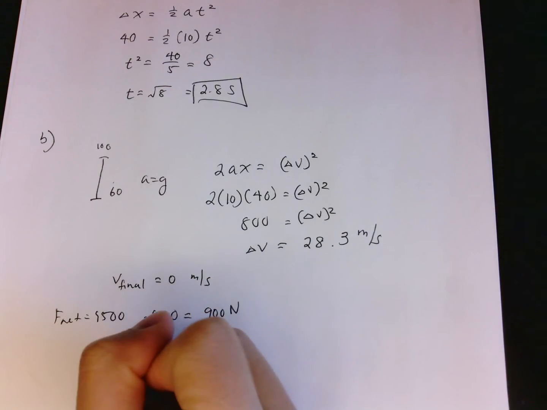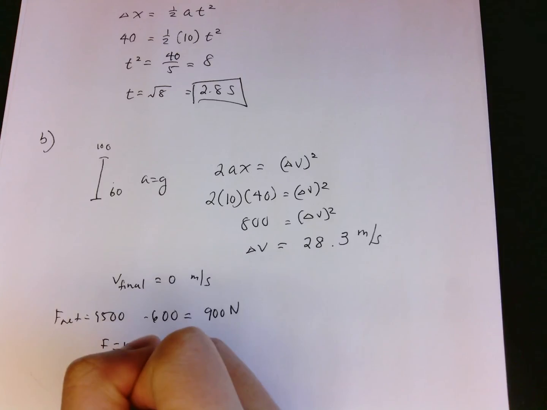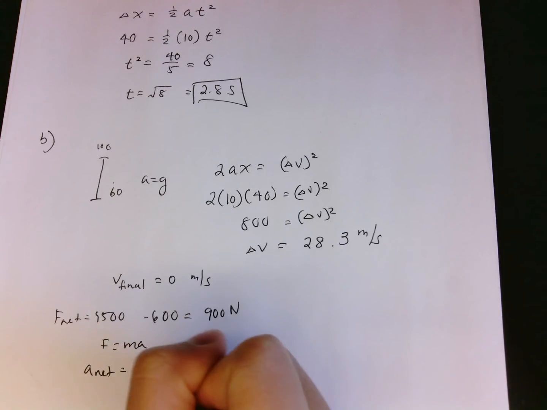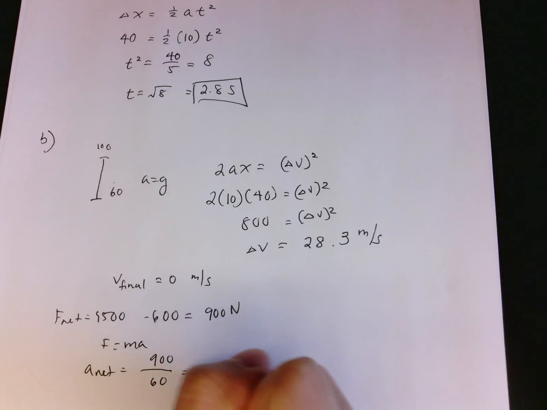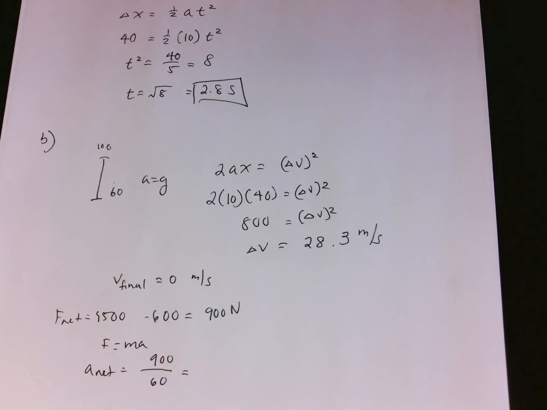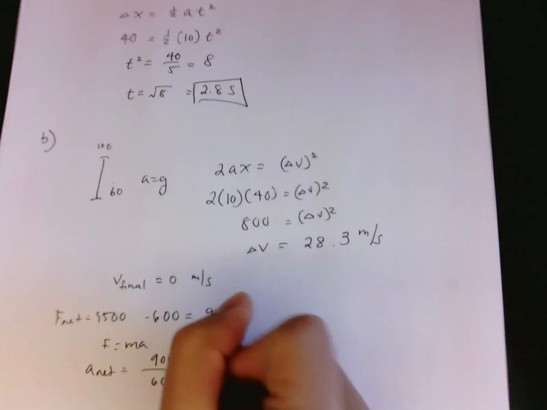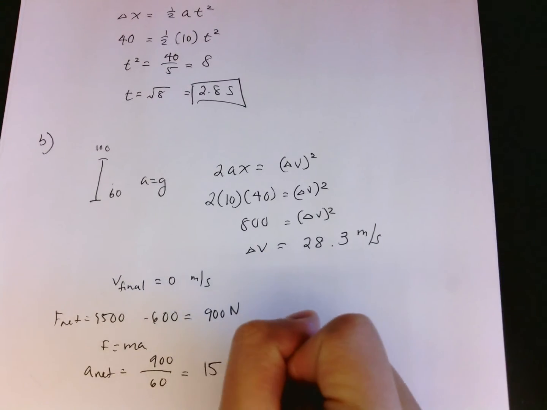Since F equals ma, his a net is equal to 900 over 60. We know his mass is 60 because his force of gravity is 600. So 900 over 60 is equal to 15 meters per second squared.